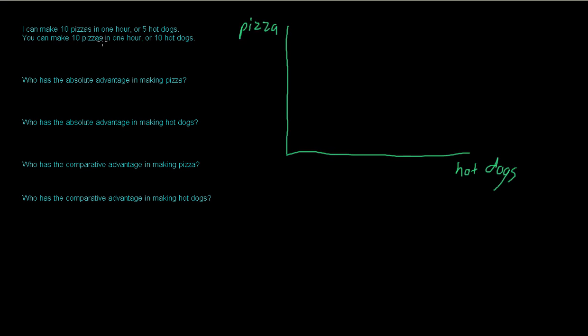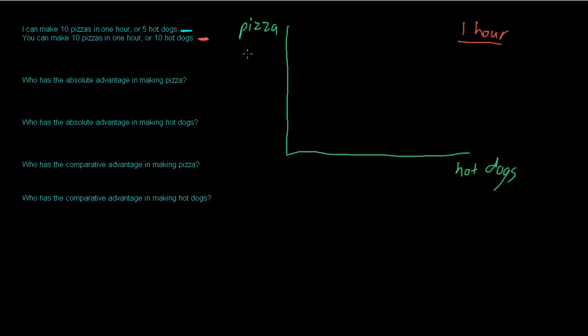I'll make myself this blue color and you will be this red color. Let's say that hypothetically we have 1 hour. You could choose to make this production possibilities curve for what you can produce in 2 hours or 3 hours or 4 hours, but I'm doing it with 1 hour because it'll make all the numbers simple.